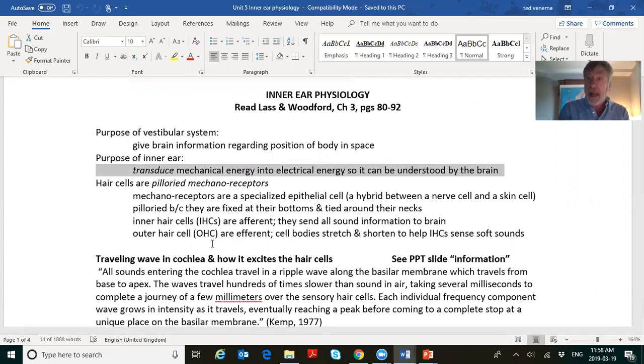It changes mechanical piston-like energy from the footplate of the stapes, moving in and out of the oval window, into hydraulic fluid energy because the fluids are moving in the cochlea. And then the hair cells change the fluid motion into electricity. So in the cochlea, there's two transductions, mechanical into hydraulic and hydraulic into electrical.